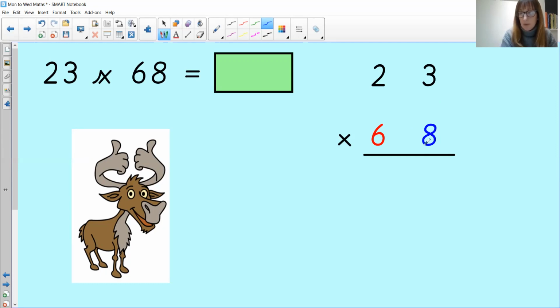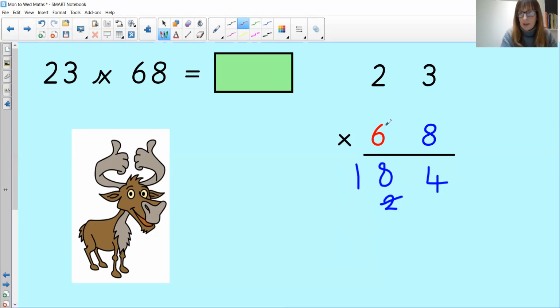That will really help you with your fluency with your times tables. So 8 times 3, or 3 times 8, doesn't matter what way you do it round, does it, is 24. And 2 times 8 is 16. Add the 2, gives you 18.